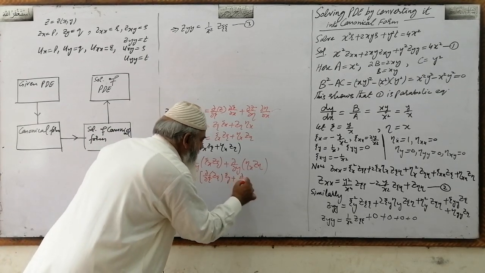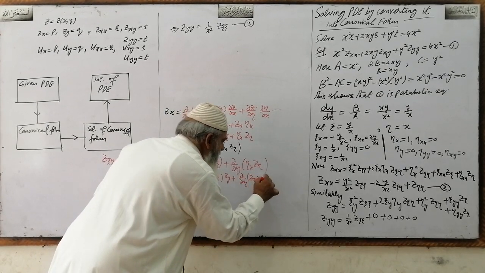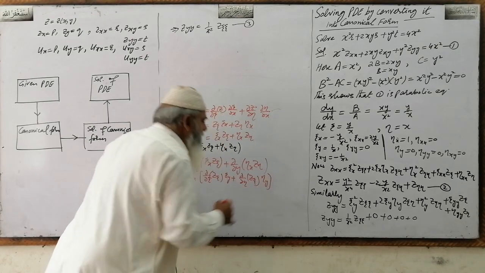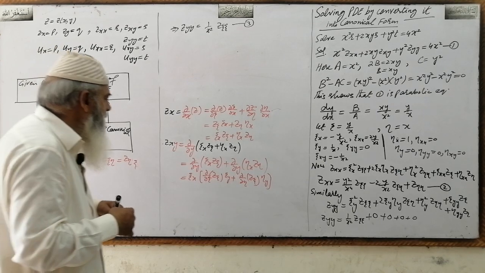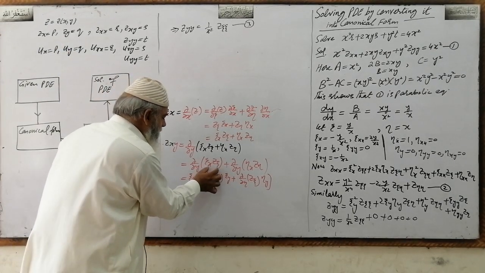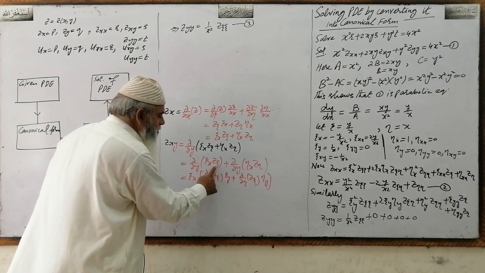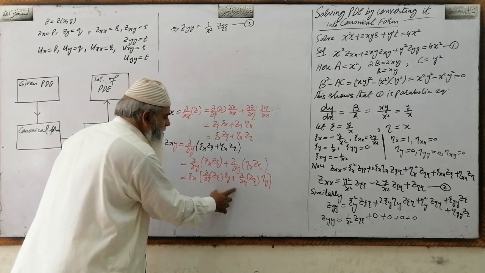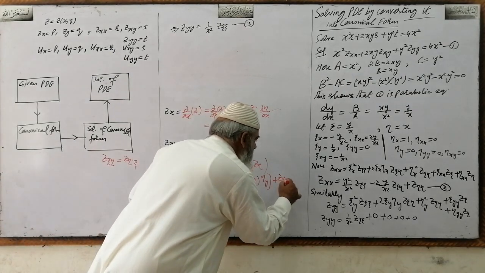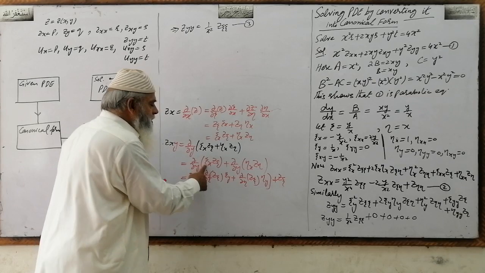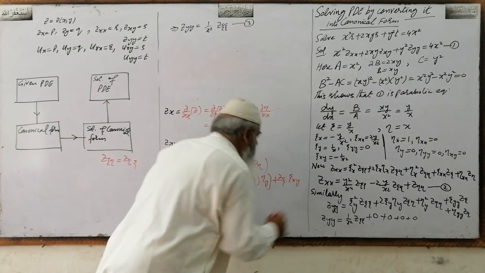Then partial over partial η of zξ, and in order to compensate, you have to take the partial derivative of η with respect to y. In this case, keeping ξx as it is and taking its partial derivative with respect to y, by applying the chain rule we get this thing. Now keep zξ as it is, and take its partial derivative with respect to y. This will give you ξxy.